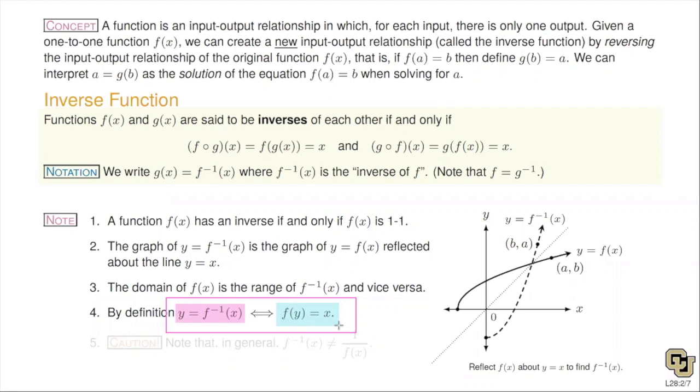This is one of the fundamental ways we work with the inverse function, by changing the problem. We'll be given y equals f inverse of x, and we'll rewrite the problem as f of y equal to x, and do our math with this equation. That's going to be a standard strategy which we'll go over and over again. And of course, let me remind you again the notation: in general, it's not true that the inverse of a function is its reciprocal.